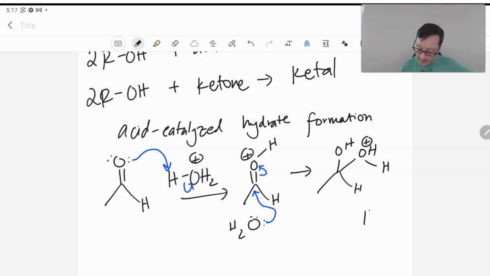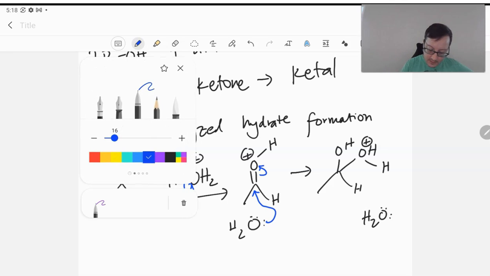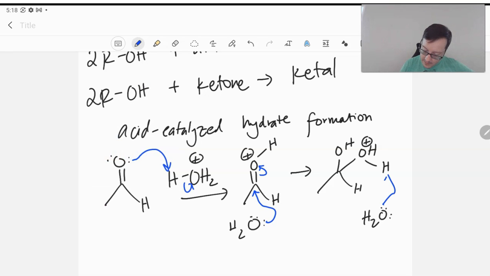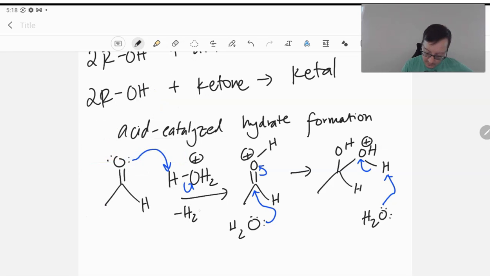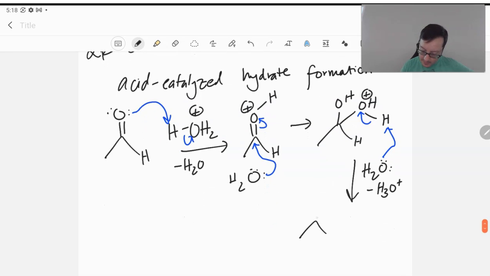And then finally, the last step will be regenerating our catalyst. We'll go ahead and pluck off that H. By the way, notice we lose H2O here. In this step, we lose H3O+, which is our catalyst. We end up with what's called the hydrate.